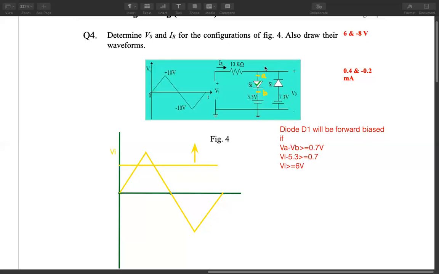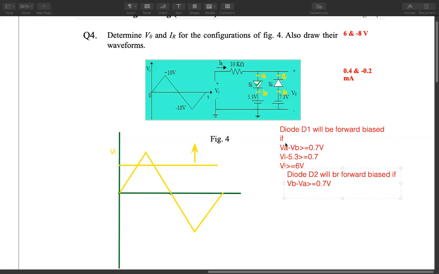I am taking this as point A and this as point B. So diode D2 will be forward biased if VB minus VA is greater than or equal to 0.7 volt. In fact, here we have to write it the other way around.